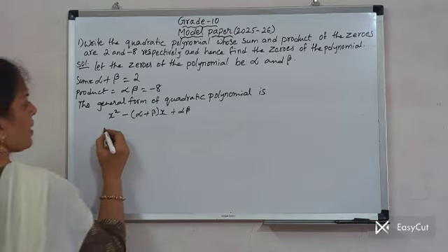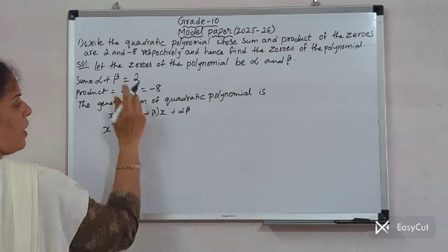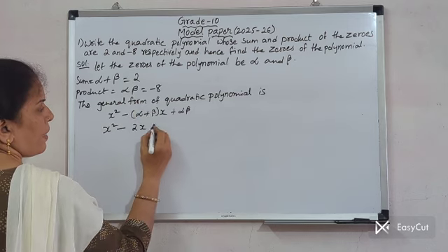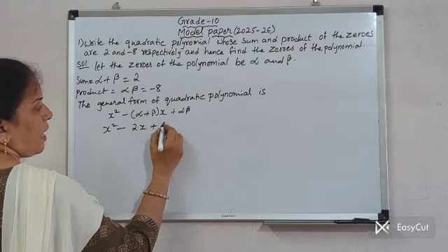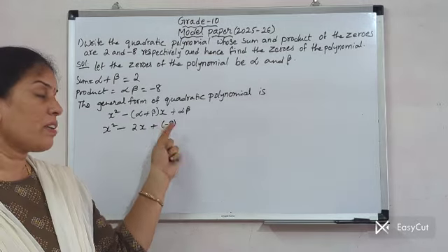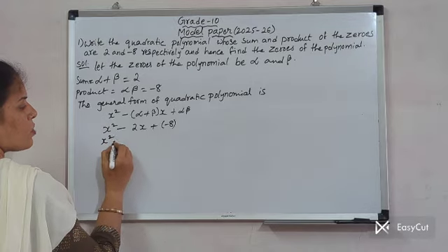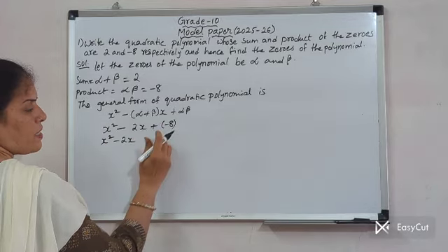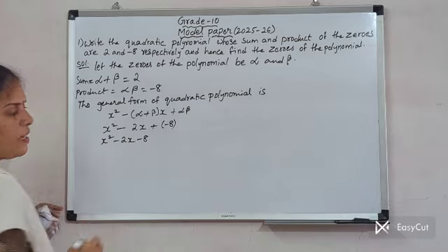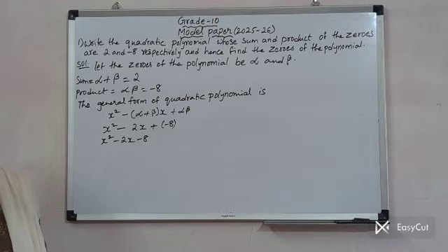Okay? x square minus, what is alpha plus beta? 2. 2x plus, what is alpha beta? Minus 8. See here children, when two signs are given you must keep a bracket. So x square minus 2x plus into minus is minus 8.